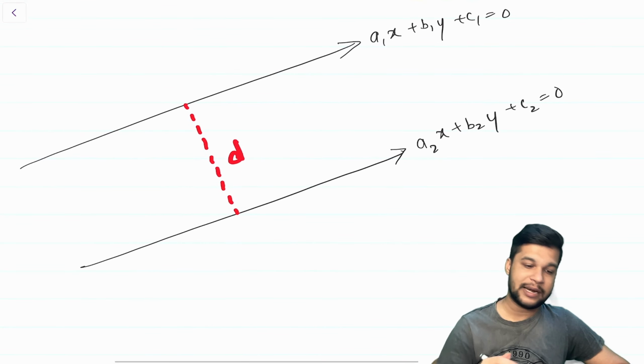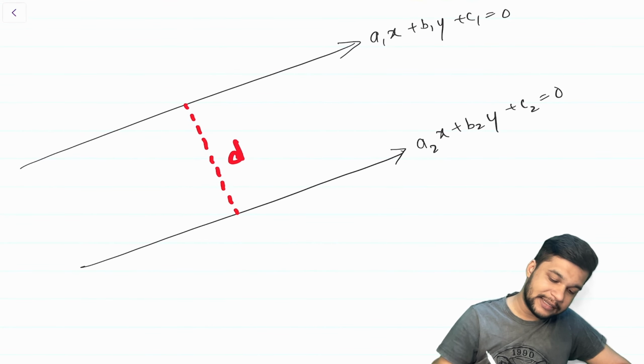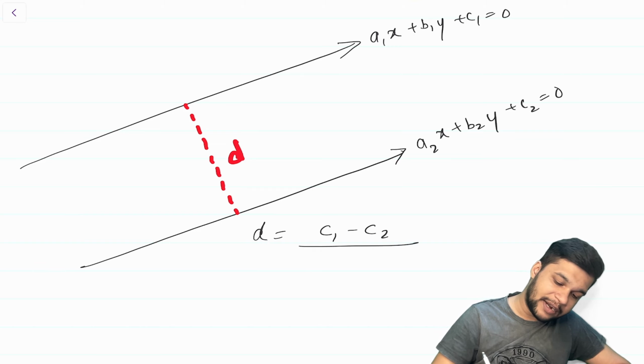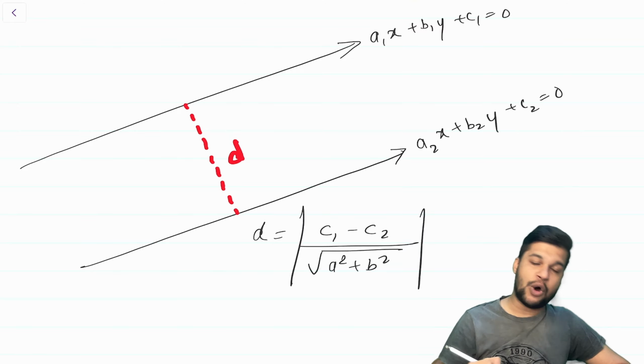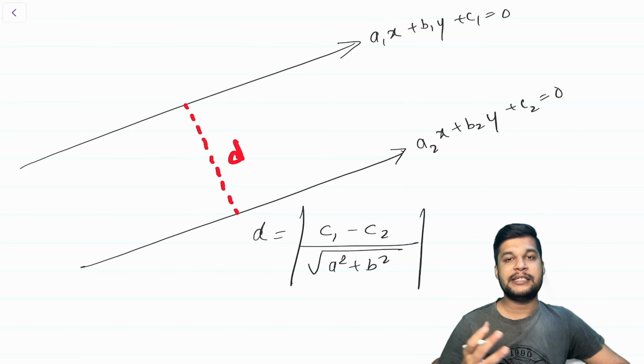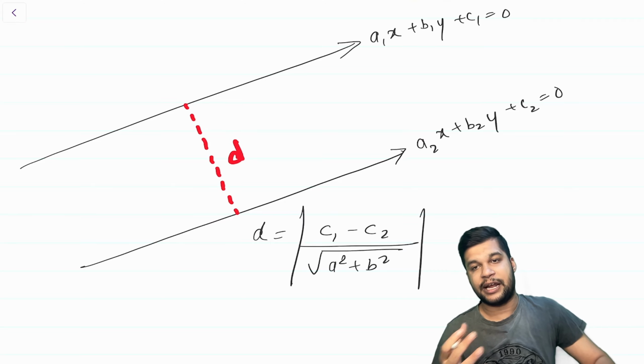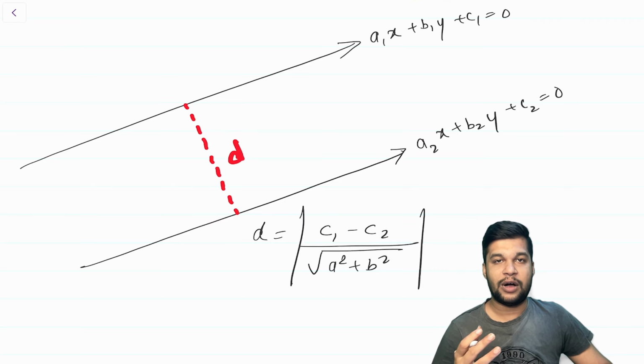There is a formula for that again. The distance d will be the modulus of c1 minus c2 divided by square root of a square plus b square, because the distance is never negative. And that's how you find the distance between two parallel lines.